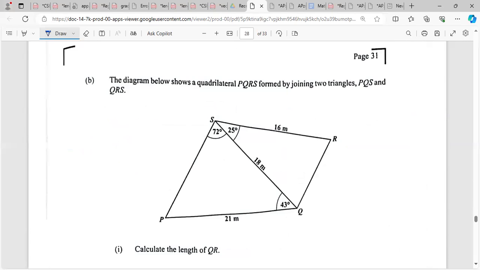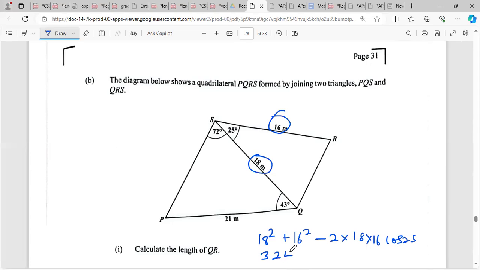So the diagram shows a quadrilateral PQRS joining two triangles, PQS and QRS. Calculate QR. We can use the cosine rule. So it's going to be 18 squared plus 16 squared, minus 2 times the same angle there, which is 18 times 16 times cos 25. 18 times 18 gives me 324.